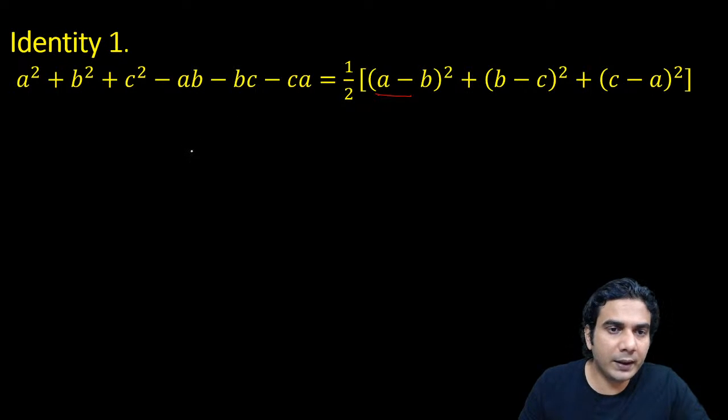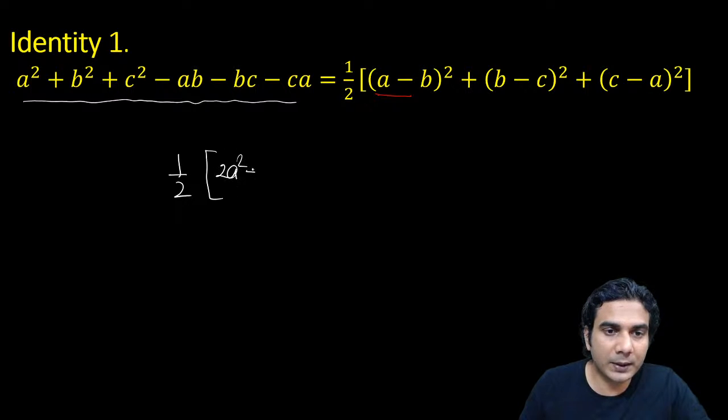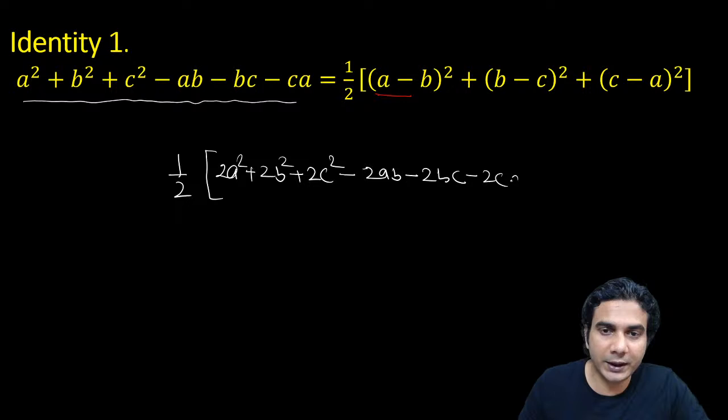So how did we do it in our last session? Let me remind you once. We started from the left hand side, multiplied this expression by 2 and divided it by 2. So we get 2a square plus 2b square plus 2c square minus 2ab, minus 2bc and minus 2ca, right?